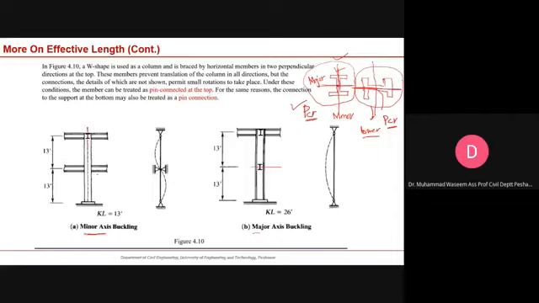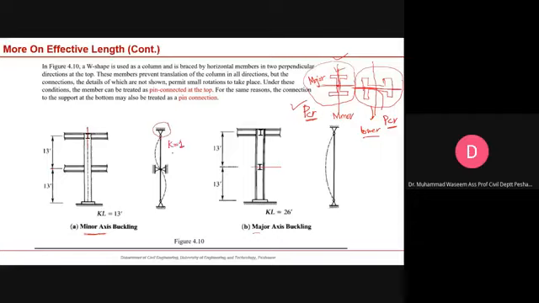Along the minor axis, some bracing has been provided to this compression member, and this bracing is provided at the middle of the member. Now we have to assume the support condition, and we have discussed that mostly we can achieve this support condition more easily. So for this support condition, we know K is 1.